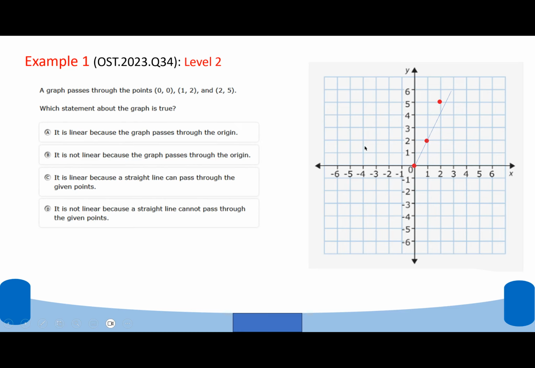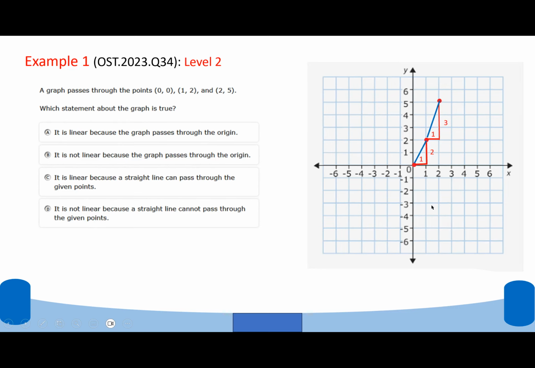That requires being careful about how you draw these points. You can also calculate the rate of change. 2 over 1, and 3 over 1, rise over run. 2 and 3 are not the same, so this is my answer.